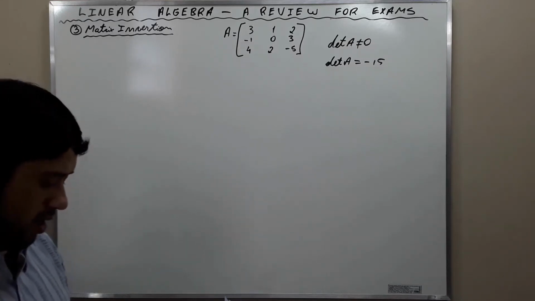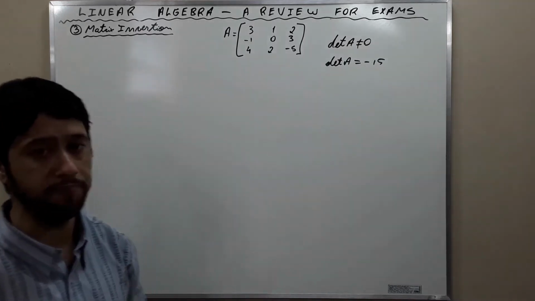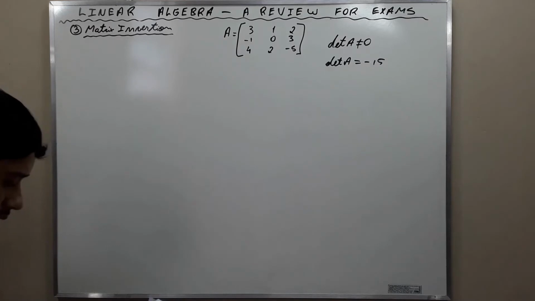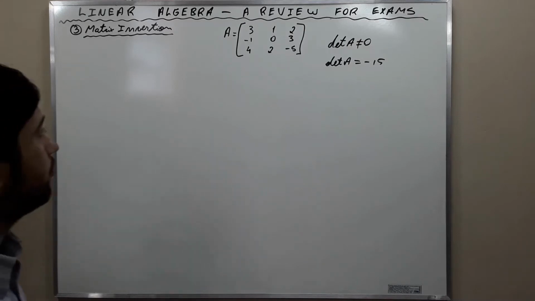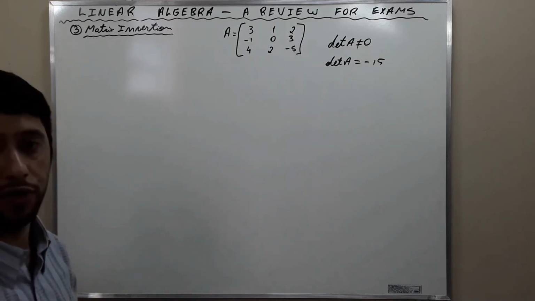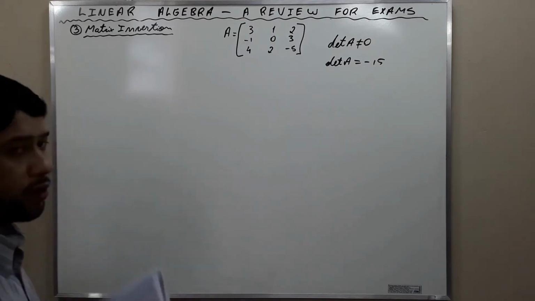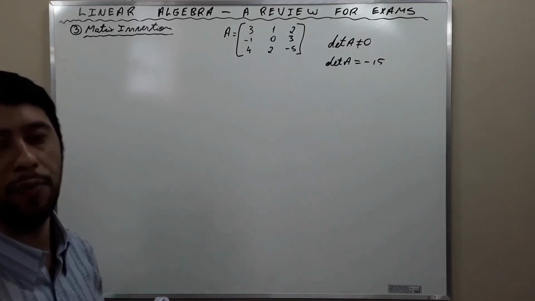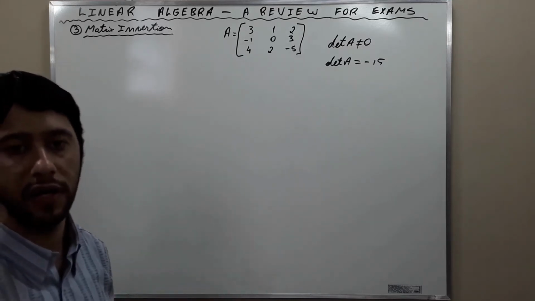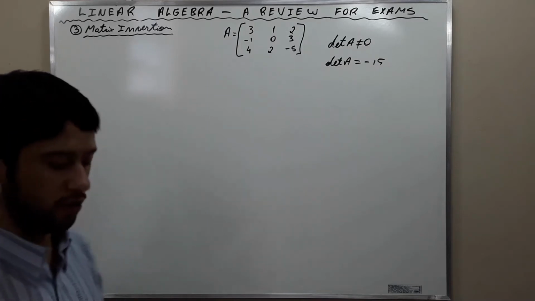Alright, and now let's find the inverse matrix of this matrix here. The determinant of A is different than 0, so it is invertible. To find the inverse matrix, use the identity matrix as follows. I'm going to show you how to use the identity matrix to come up with the inverse matrix of any given matrix whose determinant is non-zero.